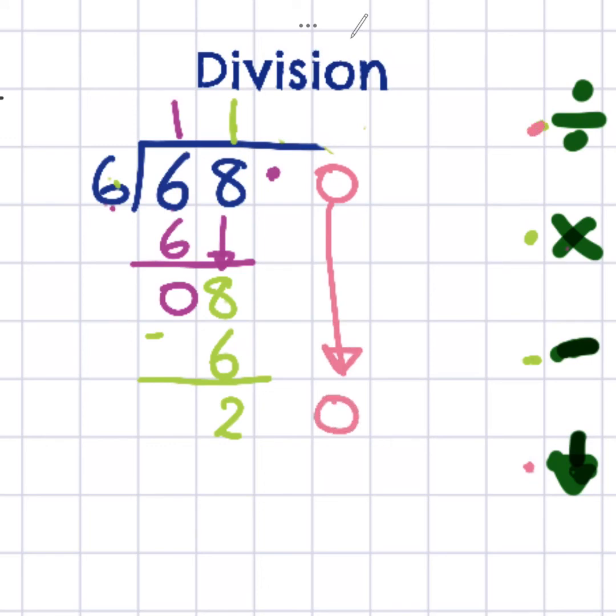So 20 divided by 6 is 2, using my 6 times tables, so multiply. 6 times 2 is 18. Subtract, and I get 2. Most times in school you'll only be asked to do it to 2 decimal places, so we will leave it there. But you can keep going if you want to.